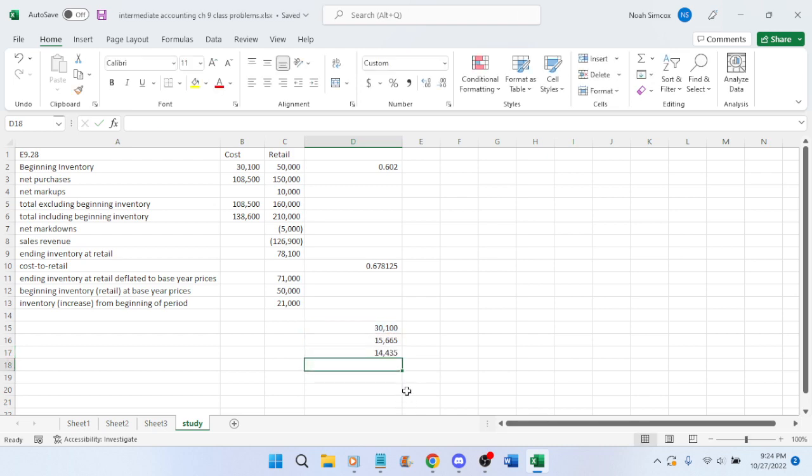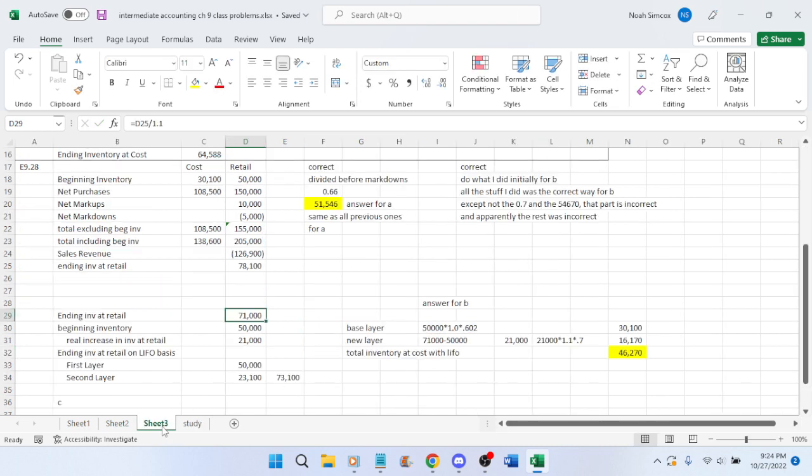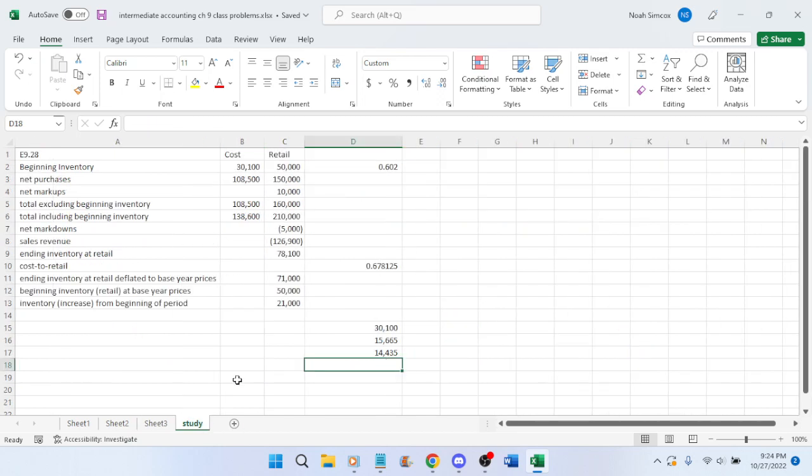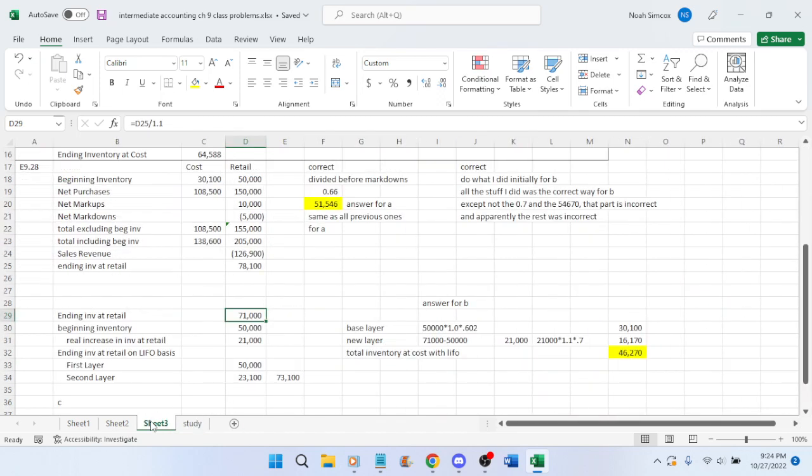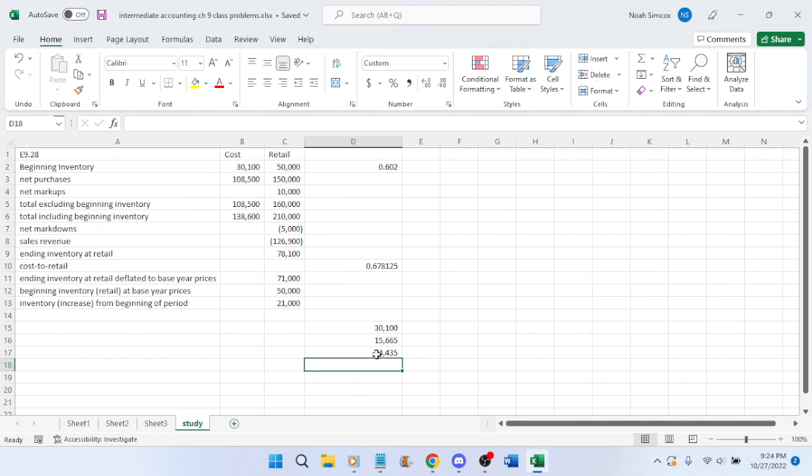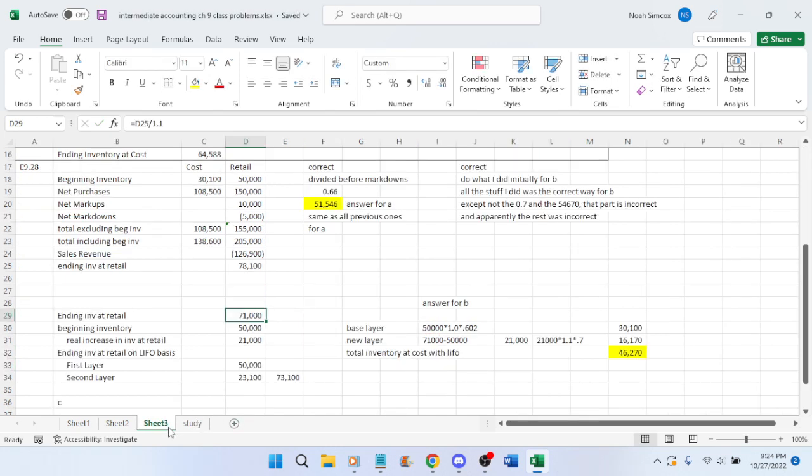This looks completely different. How did that happen? Oh, it's because you're supposed to add them, not subtract. What did I get? 45,765. Oh, what?